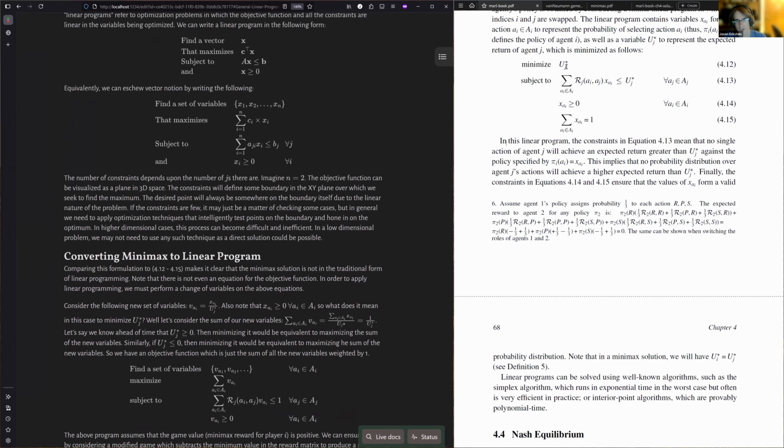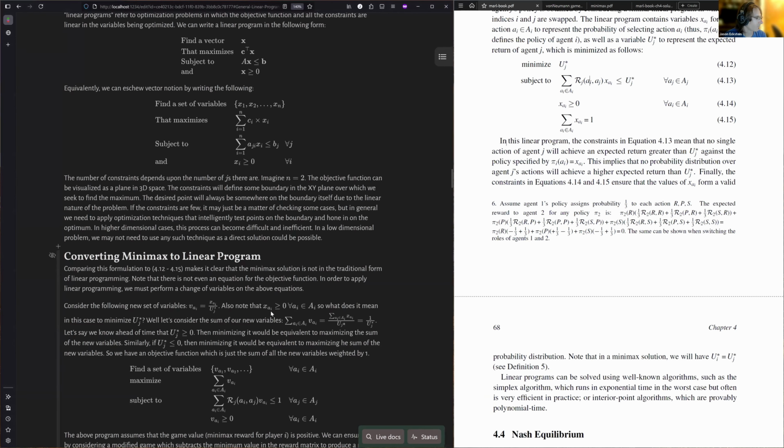The change of variables we do is actually going to create the objective function, which doesn't really exist here. So we can consider a new set of variables where we're going to take this and leave it. We're going to say this is the thing we're optimizing, but we're going to actually divide x by whatever this value is. And we're going to take a new set of variables v that are x divided by this.